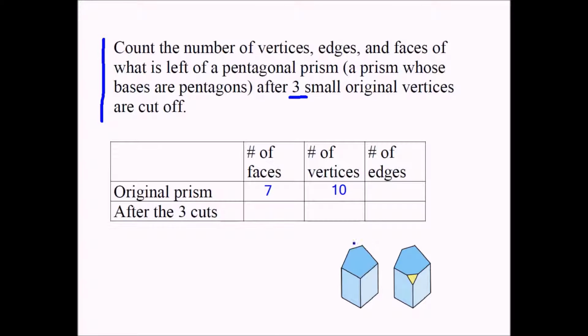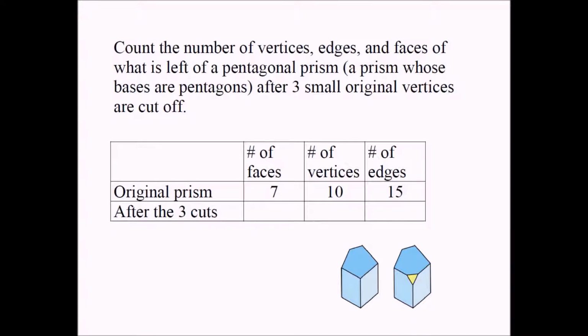And the total number of edges would be 5 on the top base, 5 in the bottom base, and 5 around. That's 5 lateral edges. That's going to be 15. And this is something you should be able to do without a solid. I have a solid here so that I can explain to you where the numbers are coming from.